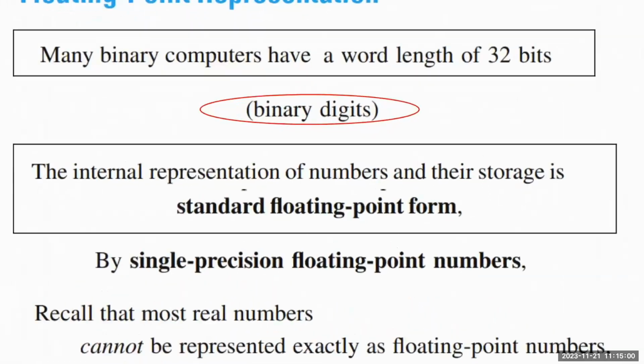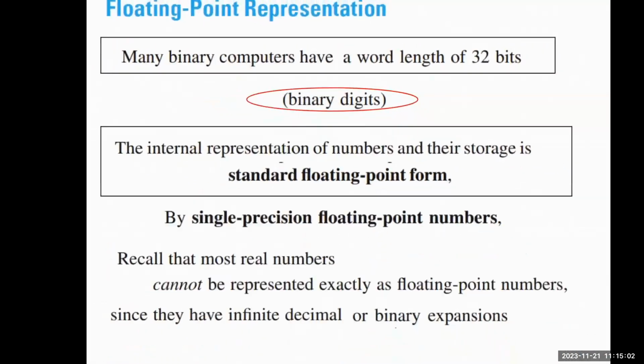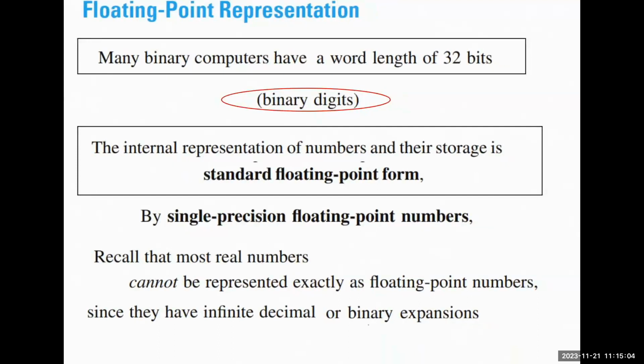Now we talk about floating point representation in the computer. Many binary computers have a word length of 32 bits, which we call binary digits. Normally, for the internal representation of a number, we store it in the standard floating point form, or what we call single precision floating point.